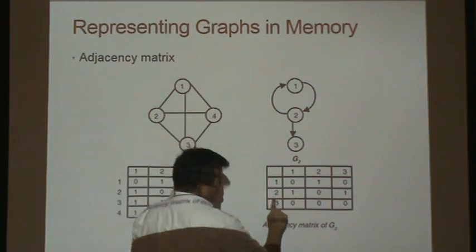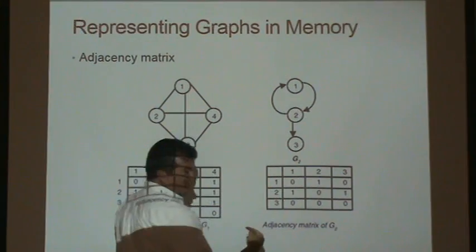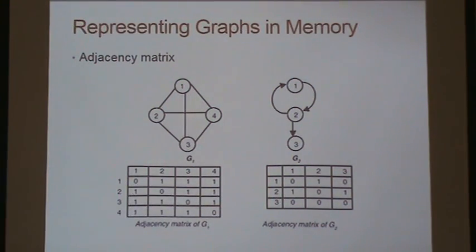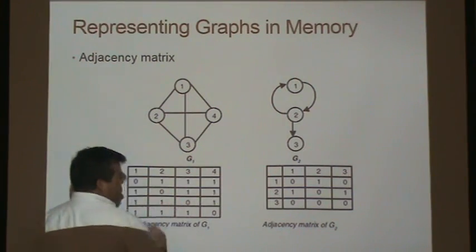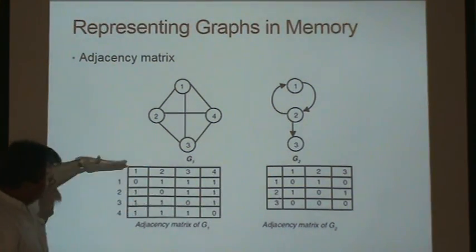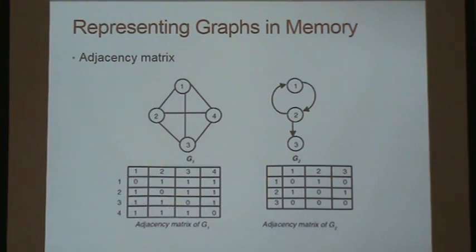So now we're using the whole matrix. Like I say, this whole part of the matrix really is unnecessary. We only need to record that one is connected to a number equal to or higher than it.